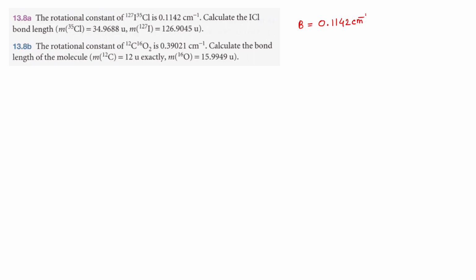See, here your compound is 127I 35Cl. See how much the mu is, very high. 127 into 35 by 127 plus 35 amu. I'll tell you the value in kg. Wait for a bit.